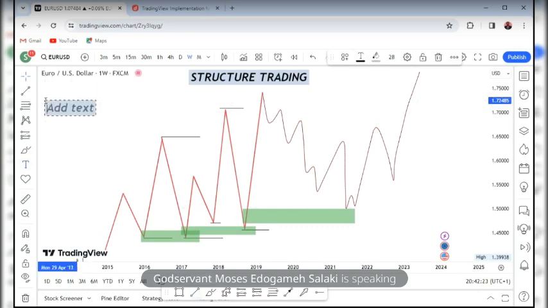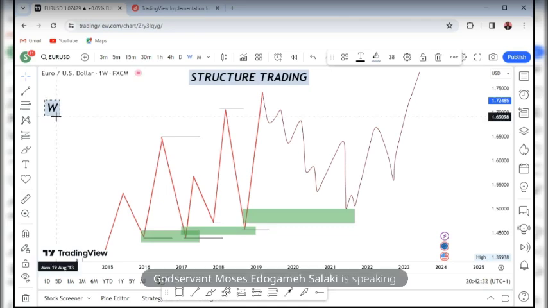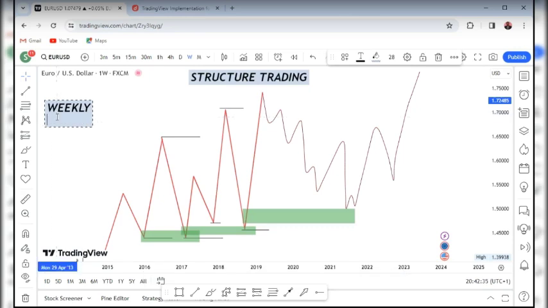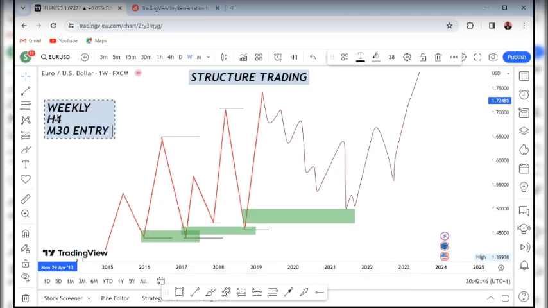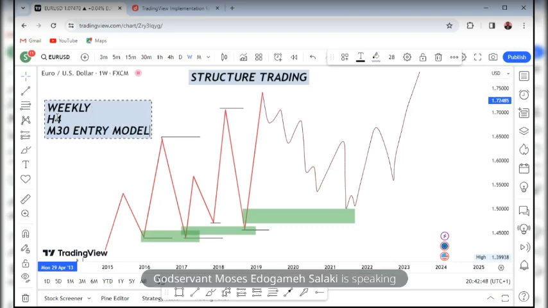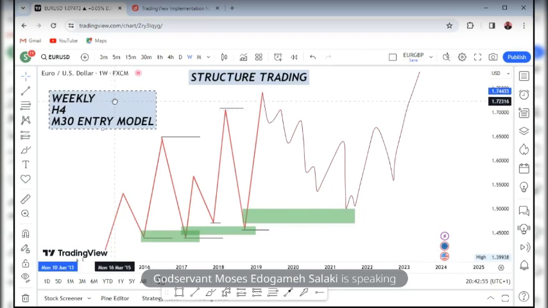So my higher time frame is weekly, and then 4 hours, which is my H4, and M30 as my entry model. M30 becomes my entry time frame. So to me, this is what my higher time frame looks like.